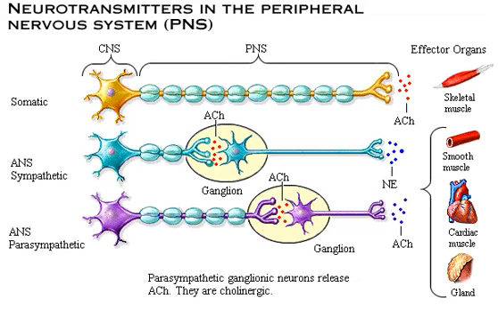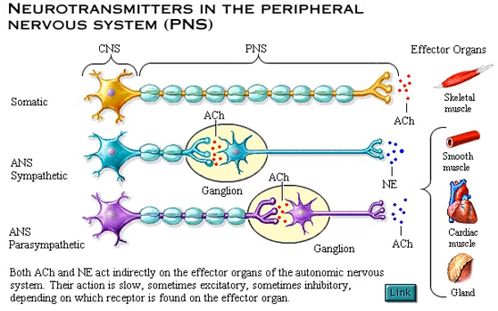Parasympathetic ganglionic neurons release acetylcholine. They are cholinergic. Both acetylcholine and norepinephrine act indirectly on the effector organs of the autonomic nervous system. Their action is slow, sometimes excitatory, sometimes inhibitory, depending on which receptor is found on the effector organ.